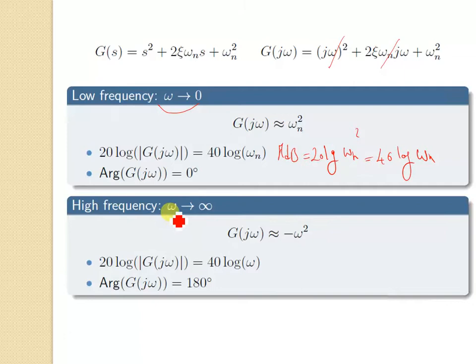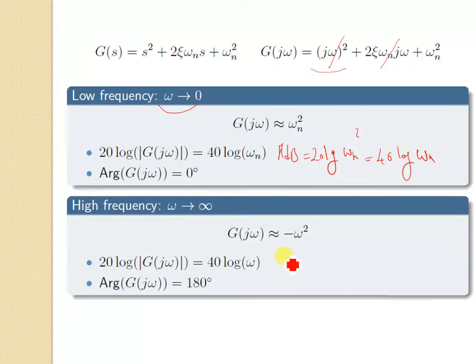If omega goes to infinity, the omega squared term is very big compared to the other two terms. You consider only the first term, which is minus omega squared.